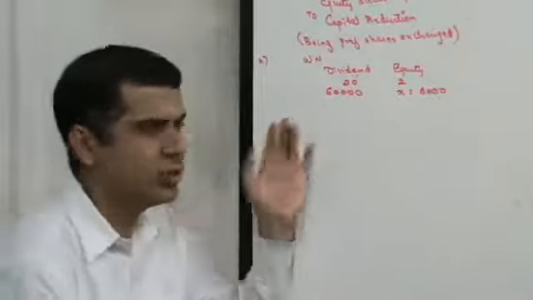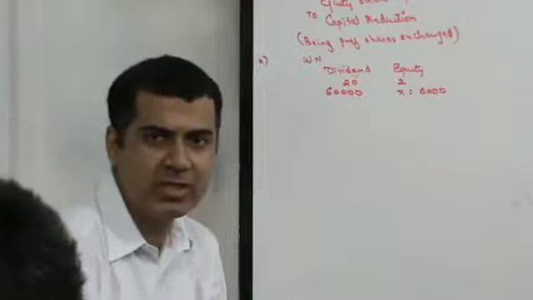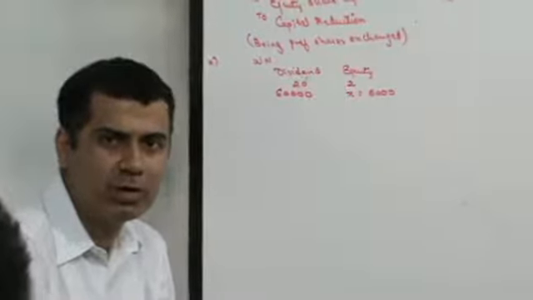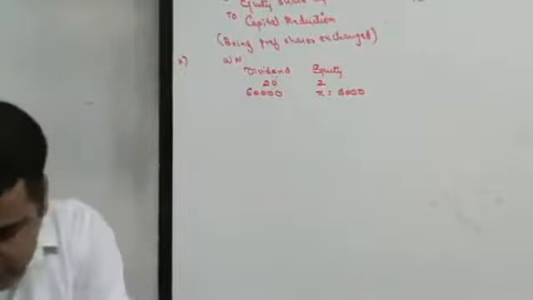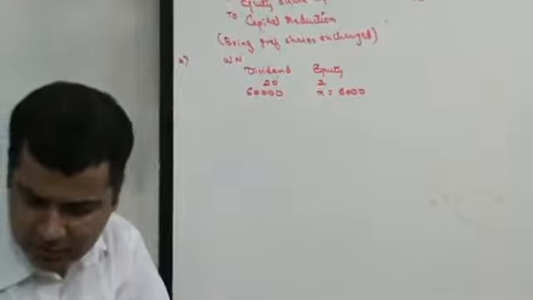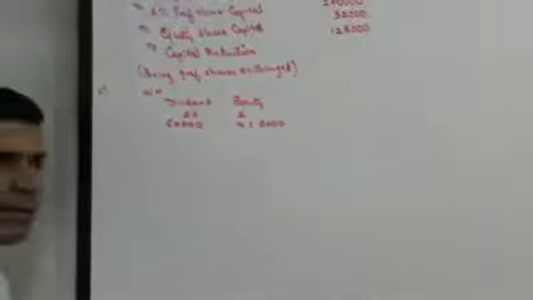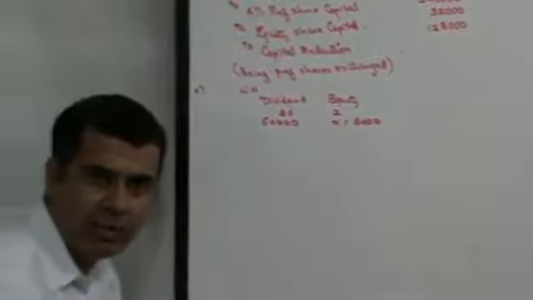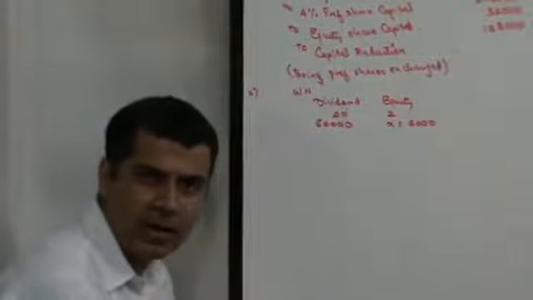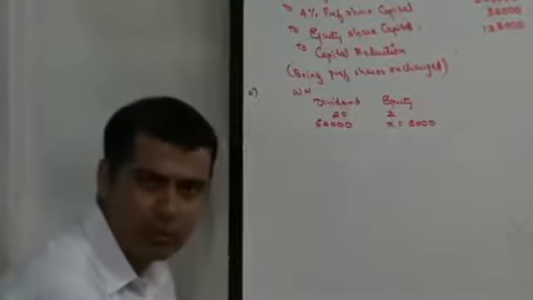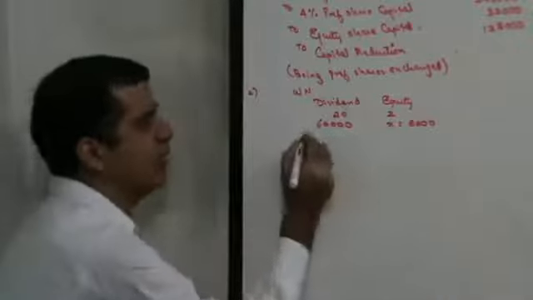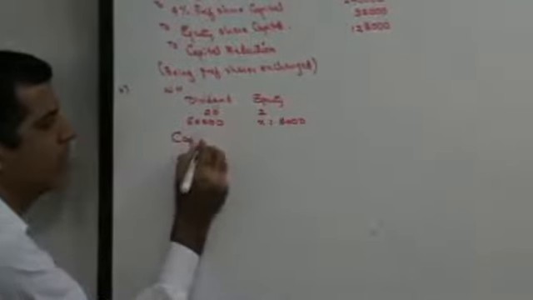So although I am exchanging contingent liability, I am exchanging dividend, I will not use the word dividend in the journal. Now they are saying they are to be exchanged for equity shares. If I am exchanging them for equity shares, shares are going out, debit what comes in, credit what goes out. I cannot use the word dividend, instead of that I will be using the word capital reduction.